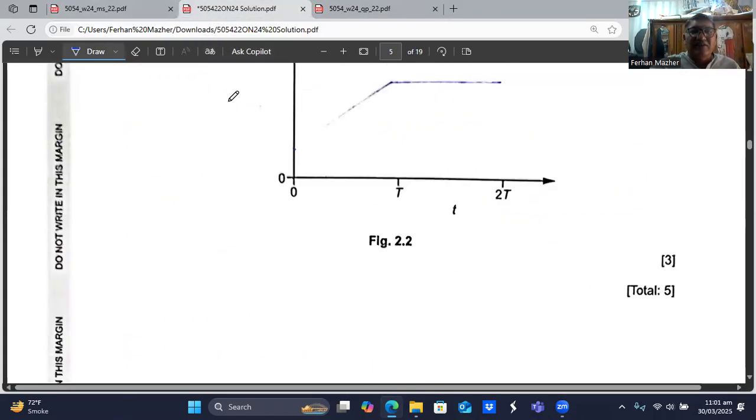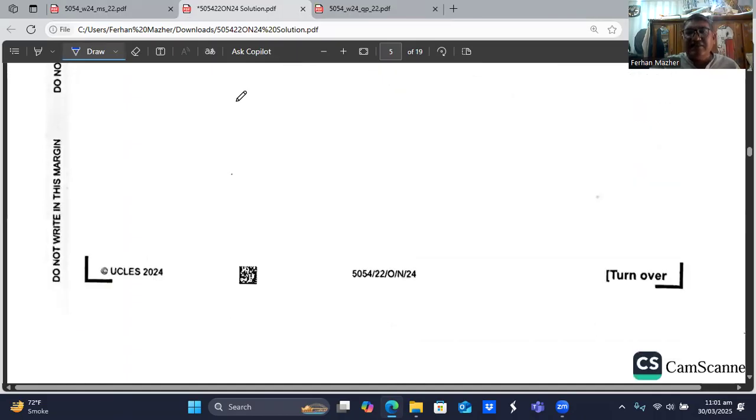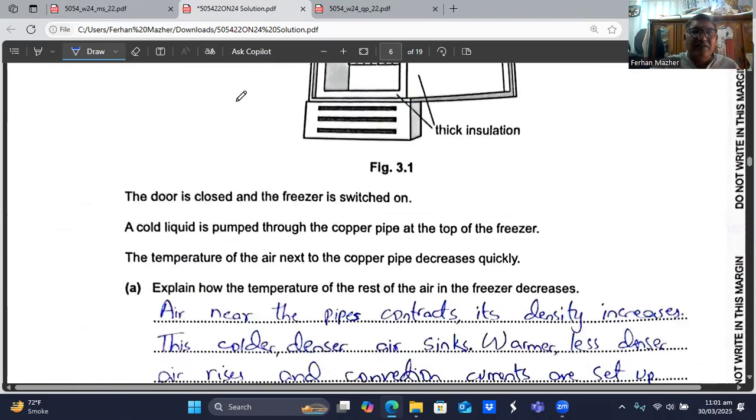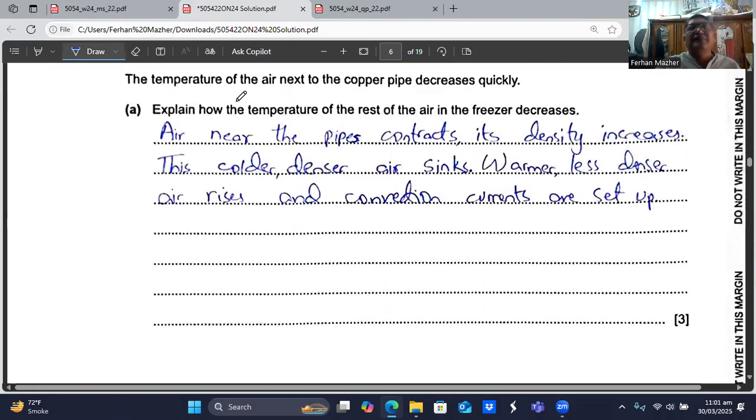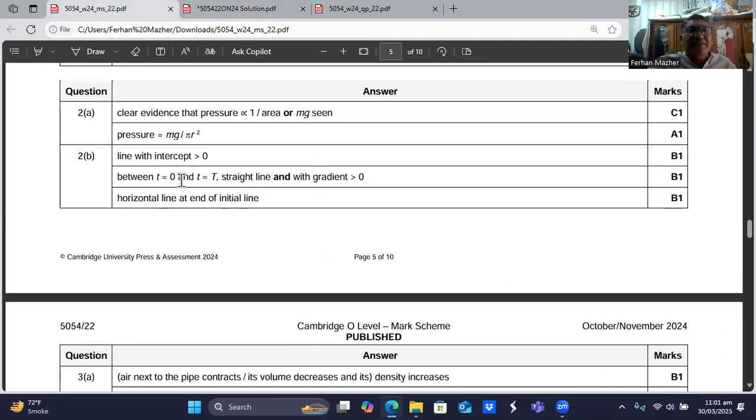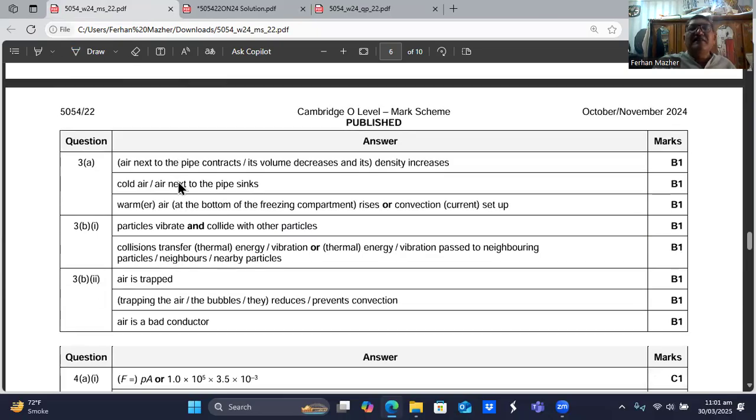So let's see what Hajra has written, and let's see if he has written properly. The air near the pipes contracts, its density increases. This colder, denser air sinks, warmer and less dense air rises, and convection currents are set up. So it's a 3 marks question. Let's check what the marking scheme says.